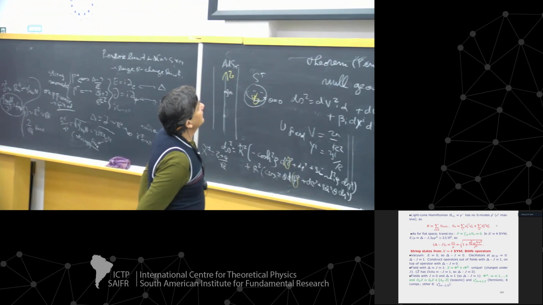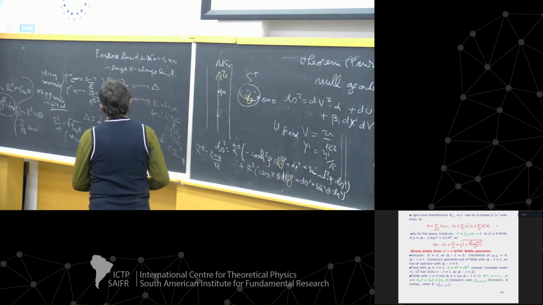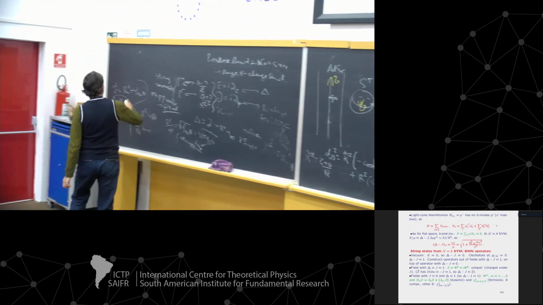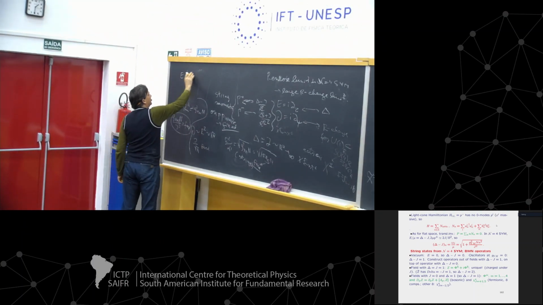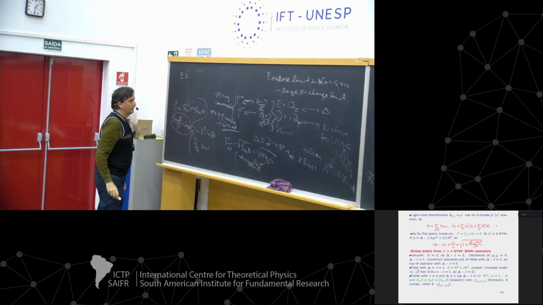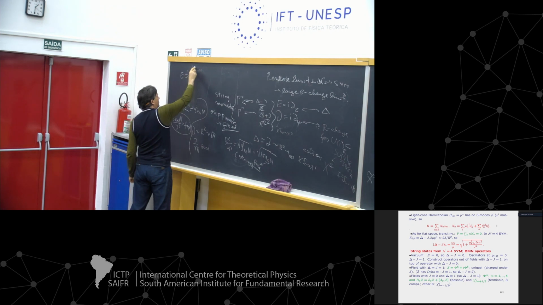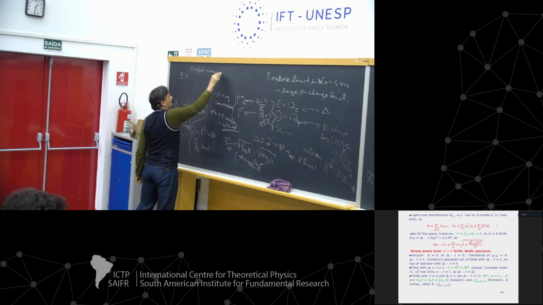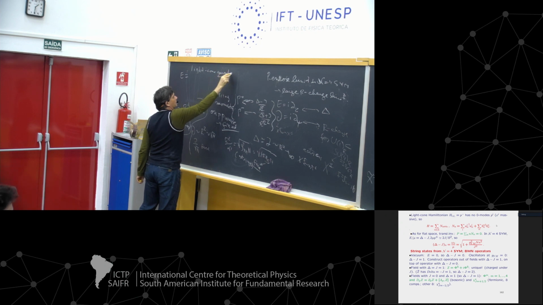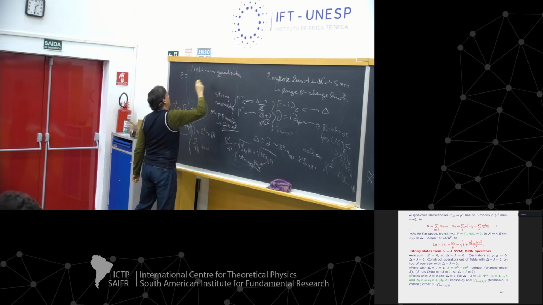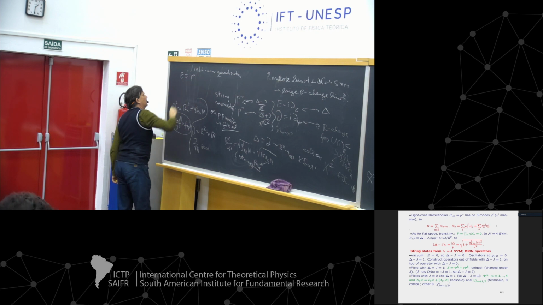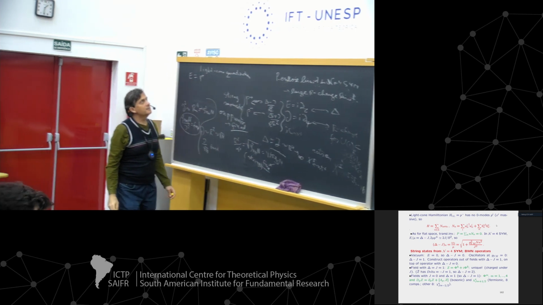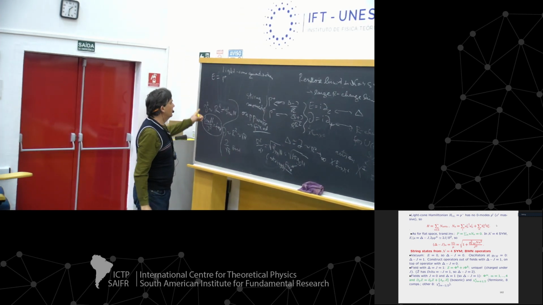But the point is, the energy in this light cone quantization is basically p plus, so delta minus J.